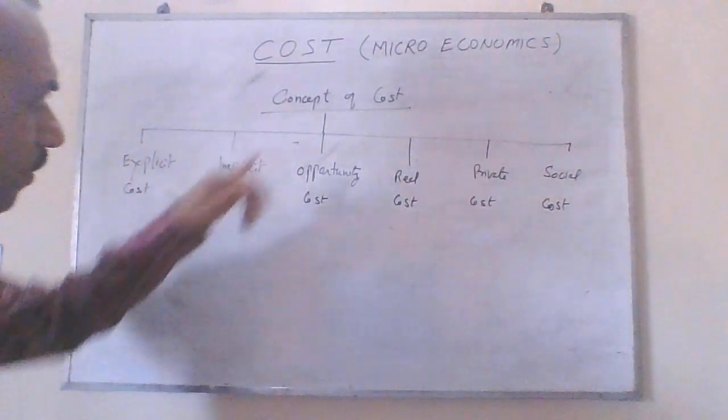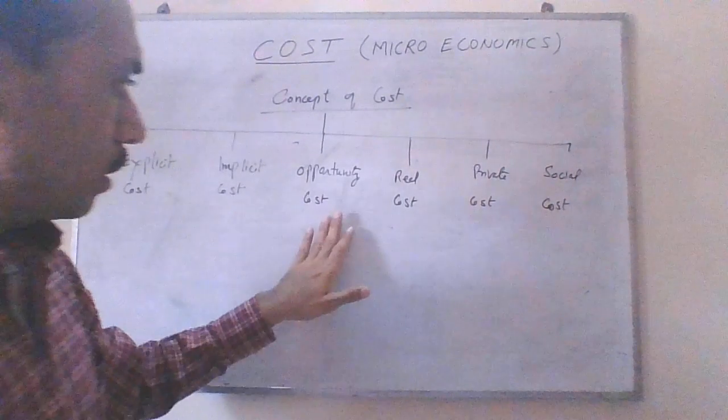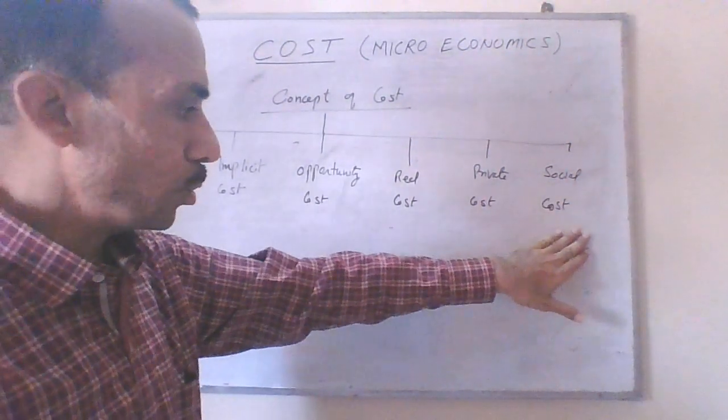So costs are further divided: explicit cost, implicit cost, opportunity cost, real cost, private cost, and social cost.